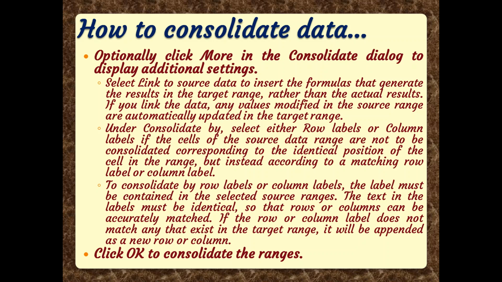That's what I was saying, कि अगर आपकी formatting exactly same नहीं है, then the representation of the consolidated data will become a hodgepodge, right? And in the last we have to click on OK to consolidate the ranges. I think we have made it clear in the practical session, right?